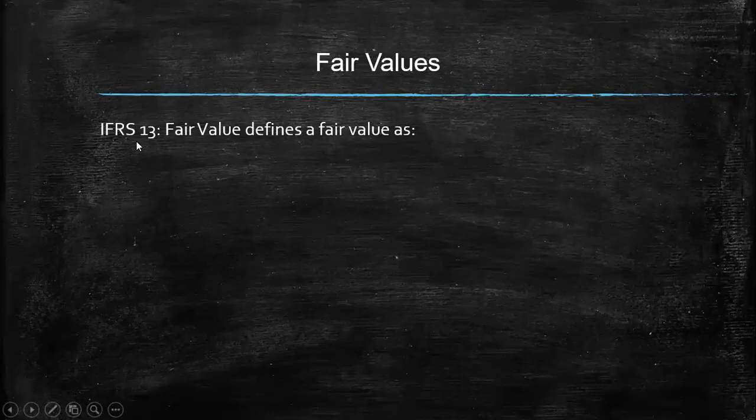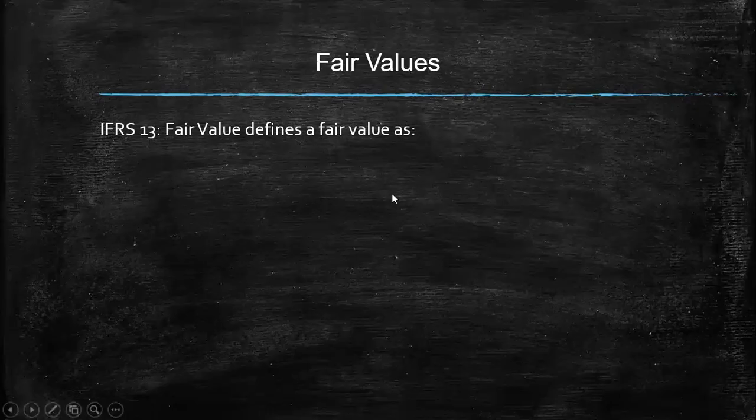So IFRS 13 is simply created to cover the calculation of fair values. Now we will not cover this standard in a lot of detail in F3. It will be covered in much more detail in F7. But for now, you just need to be familiar with the fact that there is an accounting standard covering just fair values, and that should tell you how important fair values are.